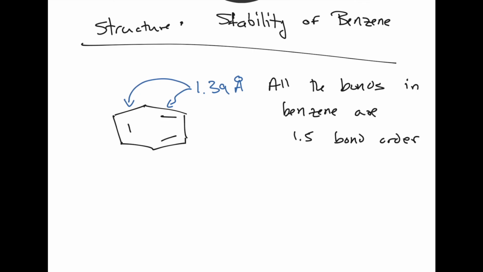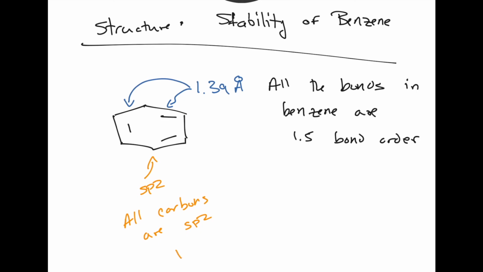All the carbons in benzene are sp2 hybridized. Every carbon is sp2 hybridized, so they all have a double bond.